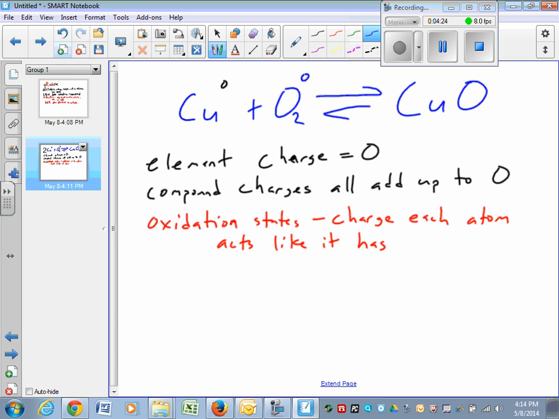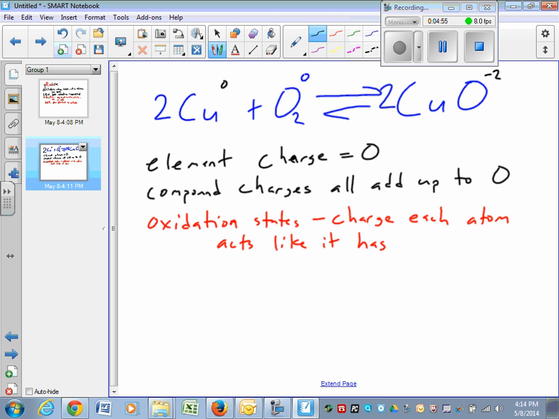So the next thing we have to do is find the charges for the copper and the oxygen in the compound copper 2 oxide. So we know that oxygen always has a -2 charge. So that's the good news. We can start with that. Oxygen is -2. So then we just have to figure out if we add together copper's charge plus oxygen's charge, we have to get 0.